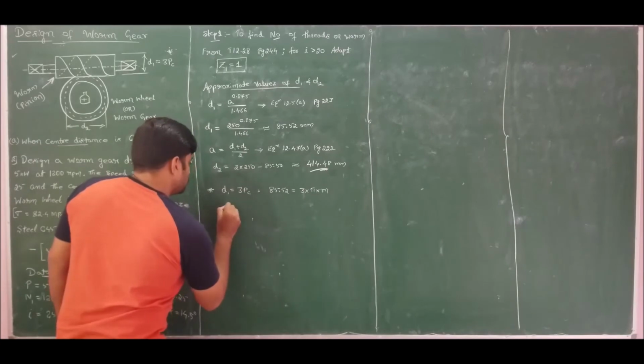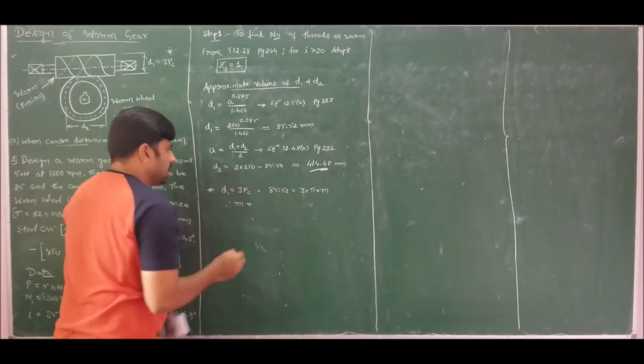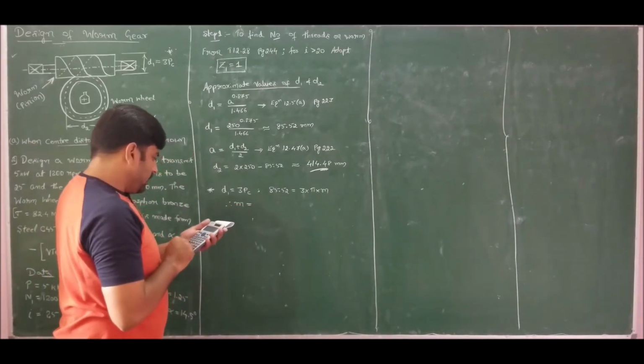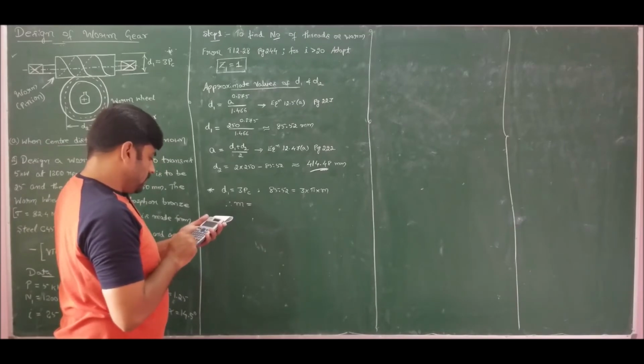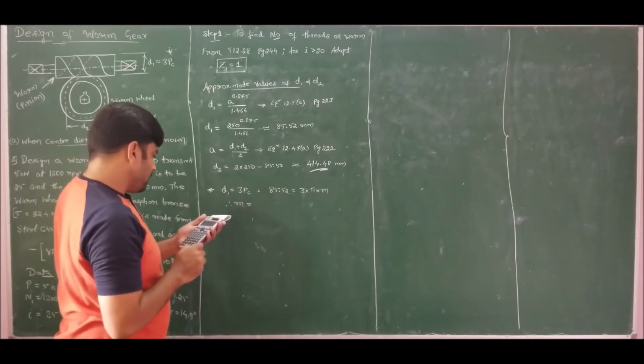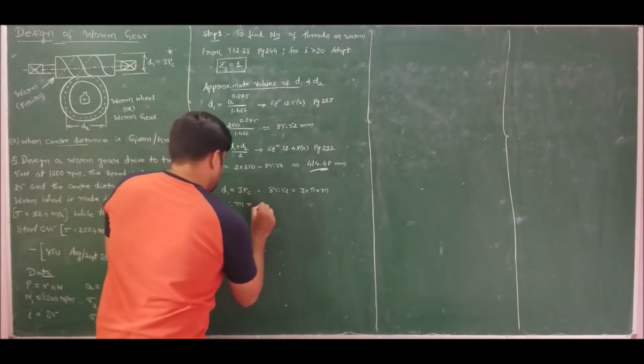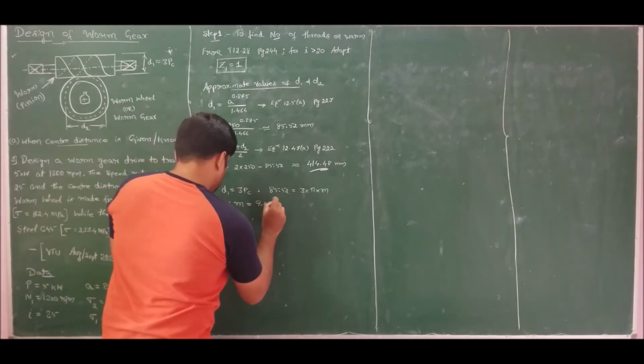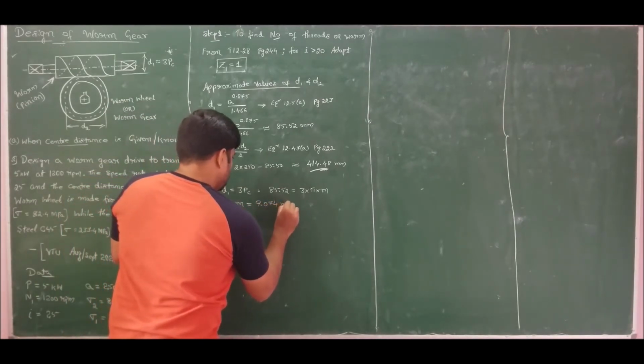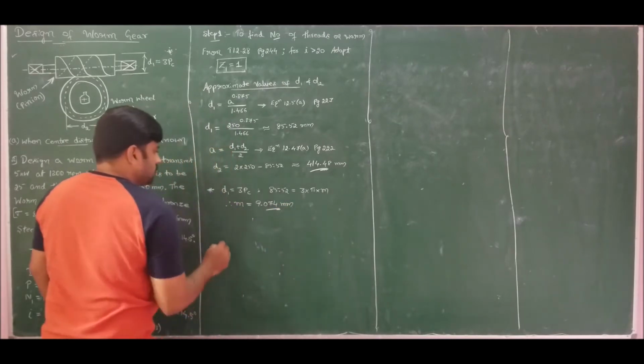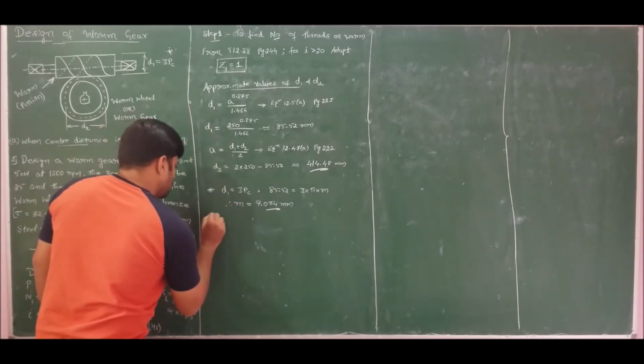So if I calculate, m will be 85.52 divided by 3 times pi, which is 9.074 mm. Now I want to adopt a module.